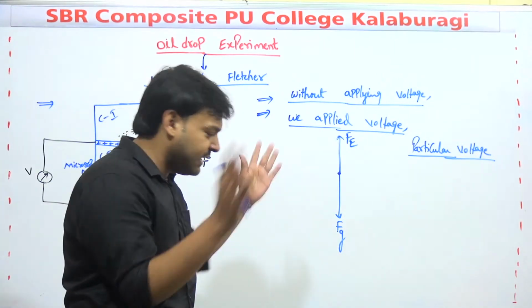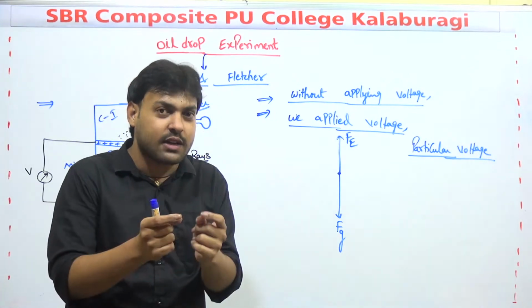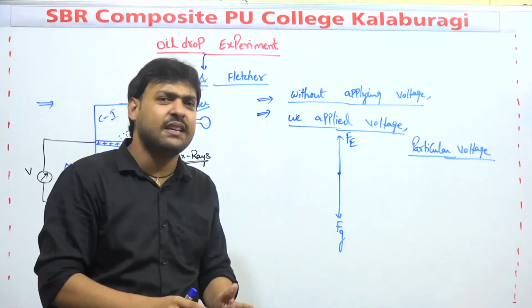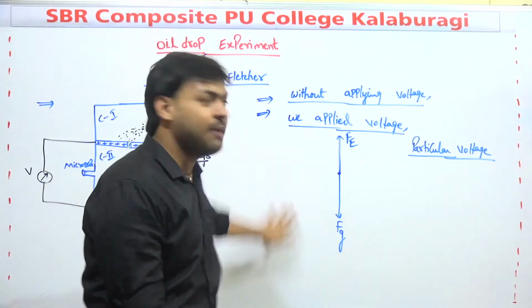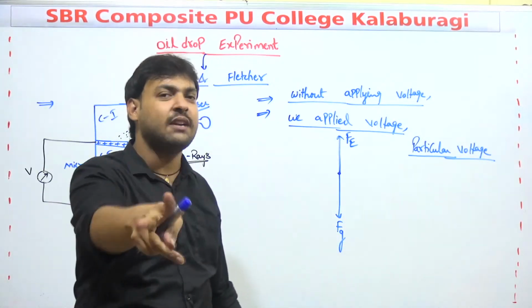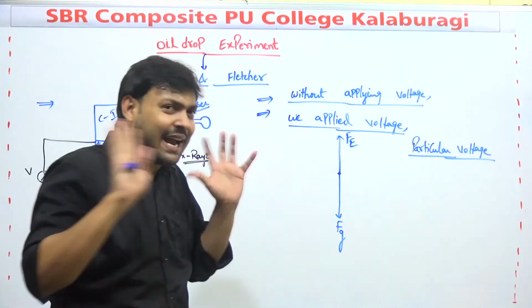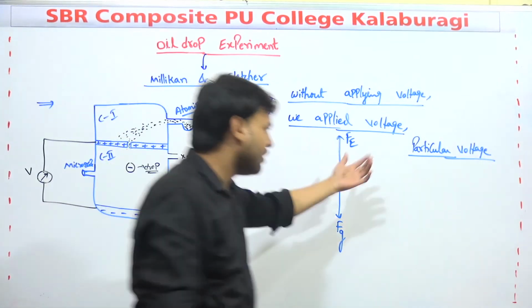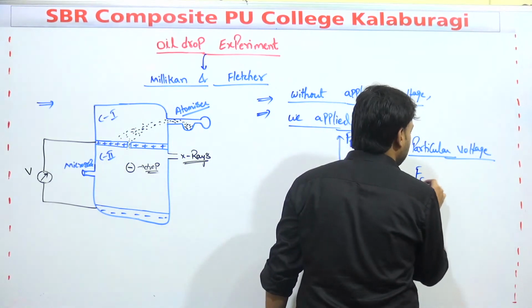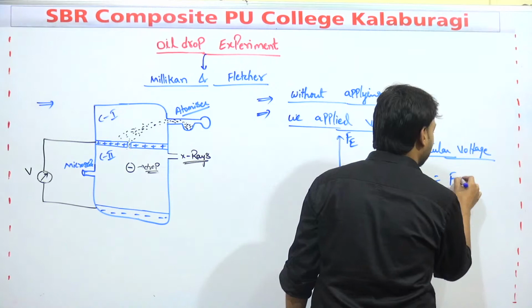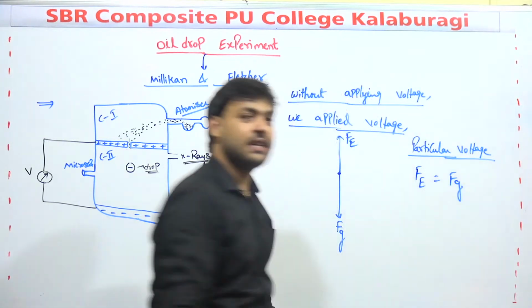Now, how they did that experiment, how they got the magnitude of the charge. If you understand this, then I can increase the level such that you can understand everything. So now I am not considering the buoyancy force and viscous force. Just the basic idea of what they did I am giving you. So at a particular voltage, what happened? Electrostatic force and gravity got the same value.